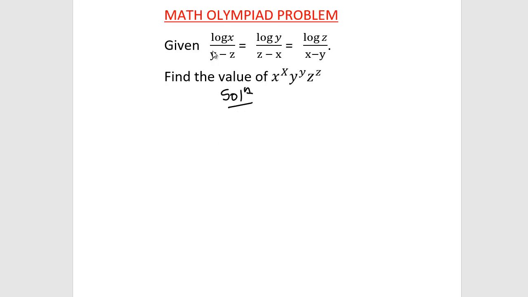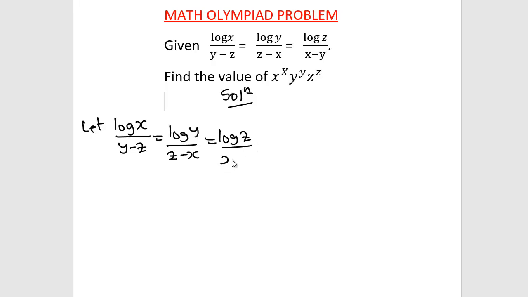So what we are going to do first is let the equation over here be equal to any variable apart from the ones used over here. We are going to let log of x all over y minus z be equal to log of y all over z minus x be equal to log of z all over x minus y be equal to any variable.